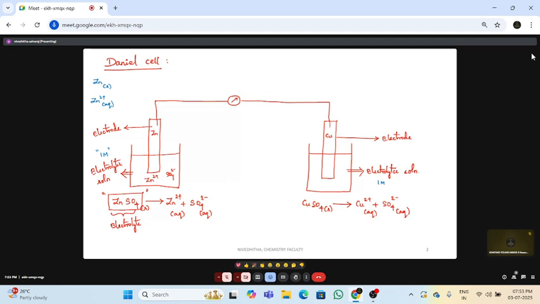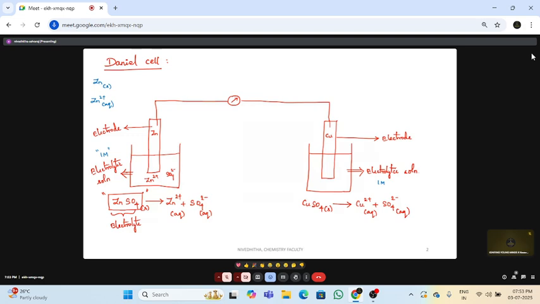Whenever I'm talking about Zn2+ ion, I'm talking about the species which is dissolved inside the solution. Zn cannot be inside the solution and Zn2+ cannot be on the rod. Okay. If I'm talking about Zn2+, then definitely it is inside the solution. And whenever I'm talking about zinc, it is on the rod. It is basically a solid system.